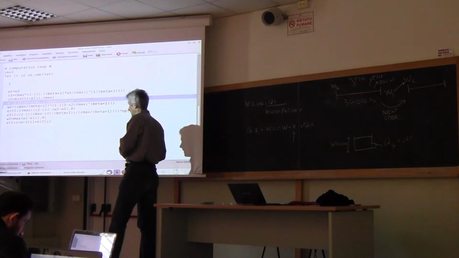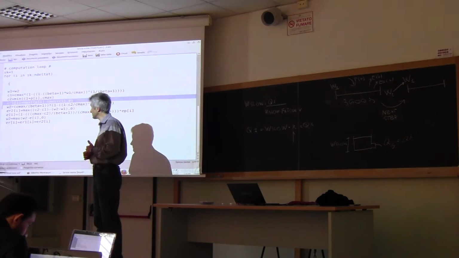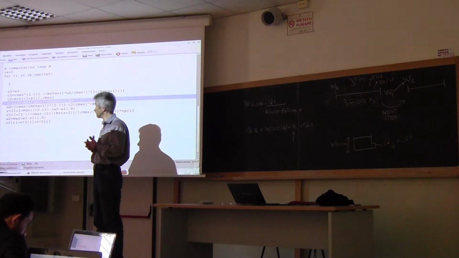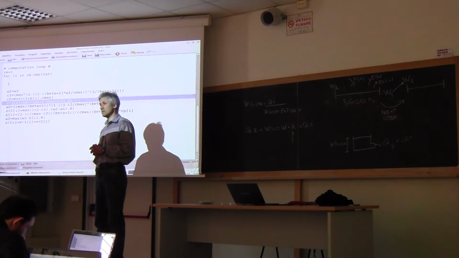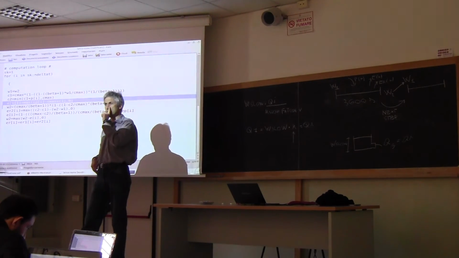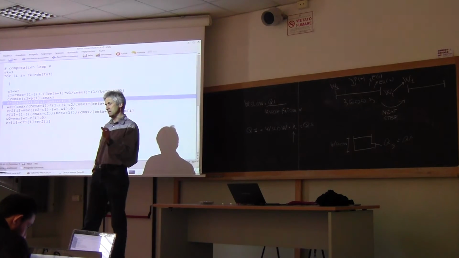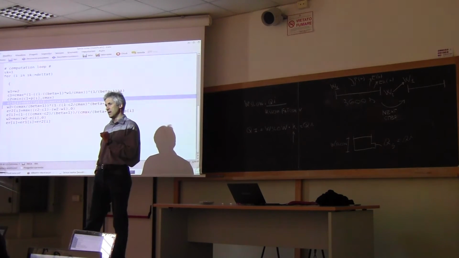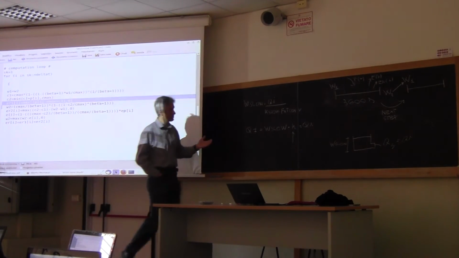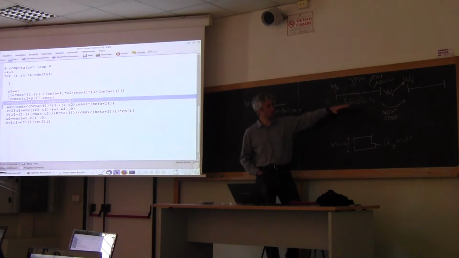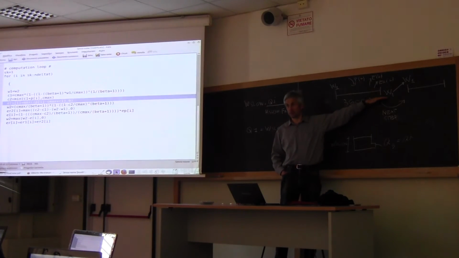Okay, and now we have W2. What is W2? Remember, we updated C by adding rainfall. So given that W and C are directly related, I can compute an updated value of W. And this updated value is what I want to compute at the end of the time step.